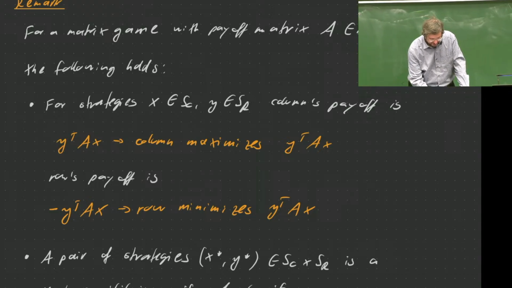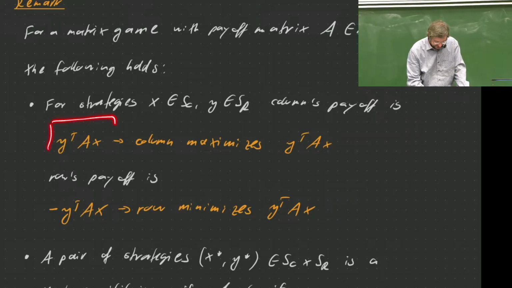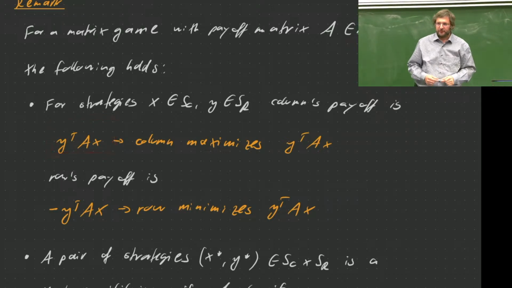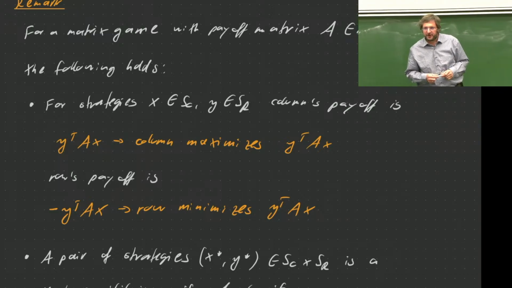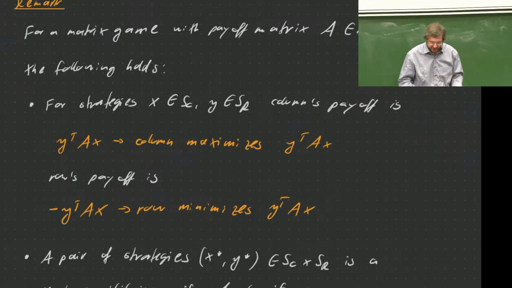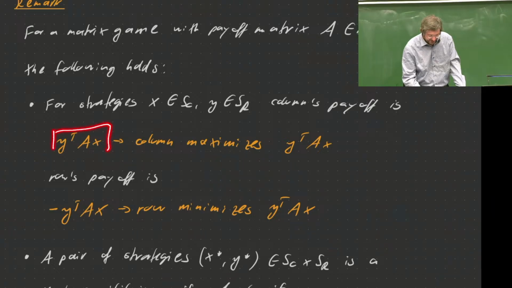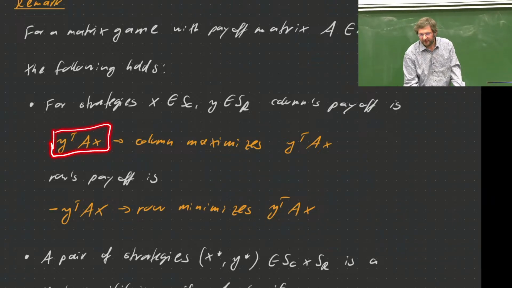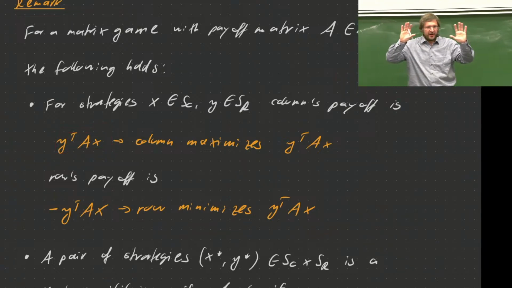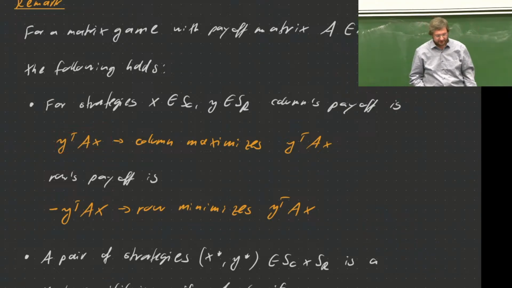So again, let's say we have a strategy X for the column player, a strategy Y for the row player. Then the payoff of column is given by this expression. Remember, A is the column player's payoff matrix, so that's the same thing that we always used. Only difference is we write A instead of AC now. So this is the column player's expected payoff given the strategies Y and X for row and column.